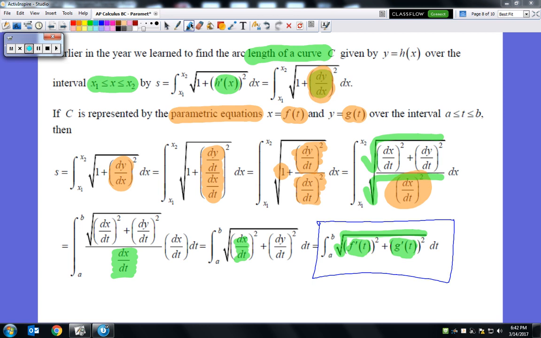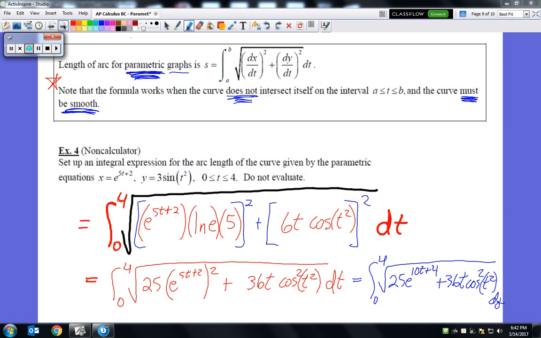This would be the arc length for a parametric graph. So it's the square root of dx dt squared plus dy dt squared, and you're integrating with respect to t.